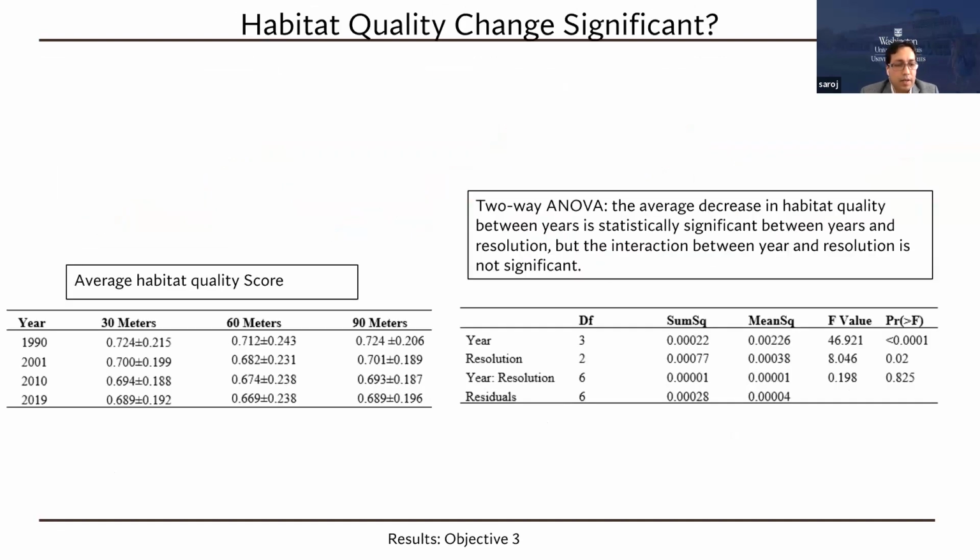The habitat quality decreased regardless of the resolution, from 0.72 to 0.68 or 0.69. The change was very small across resolution, so we wanted to test whether this is significant. The ANOVA model showed that both year and resolution are significant in this case.